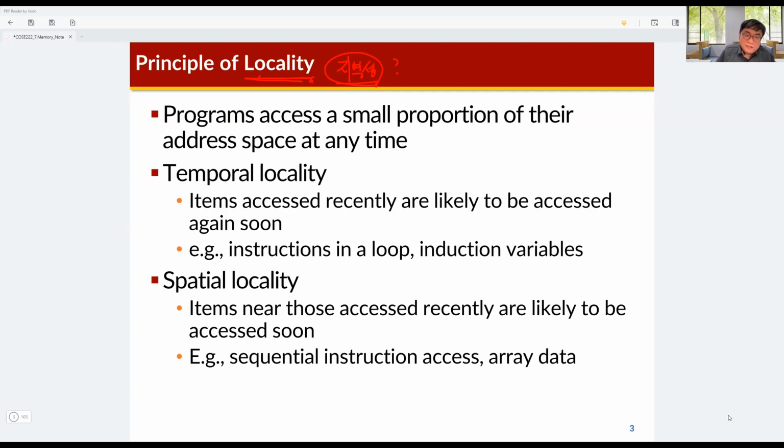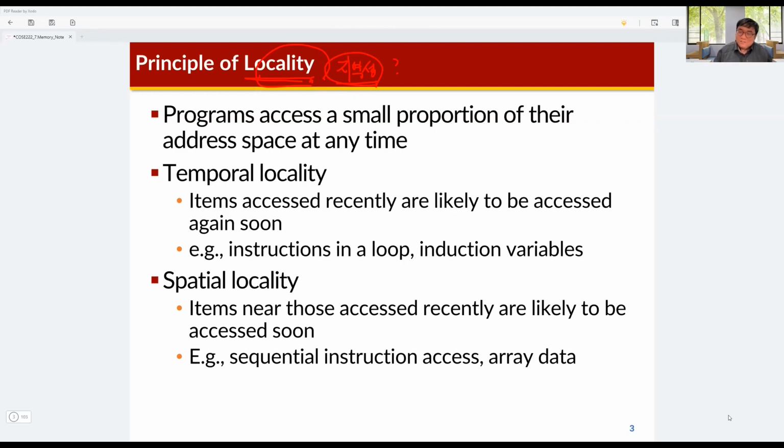So locality means that if a data is used by our processor, then this data, the same data, or adjacent data, that means the neighbor data, will be frequently used or reused with high probability.